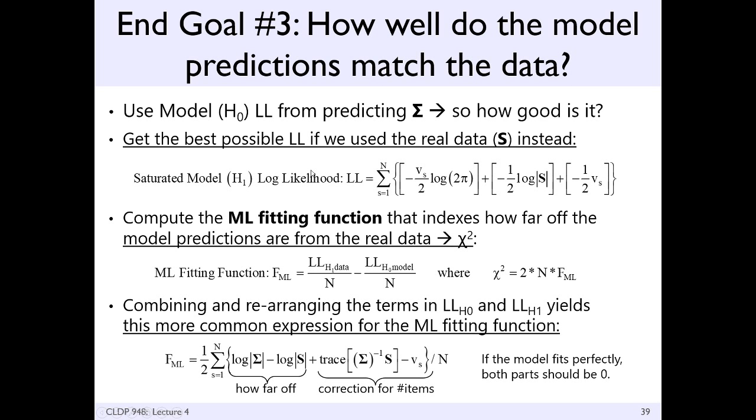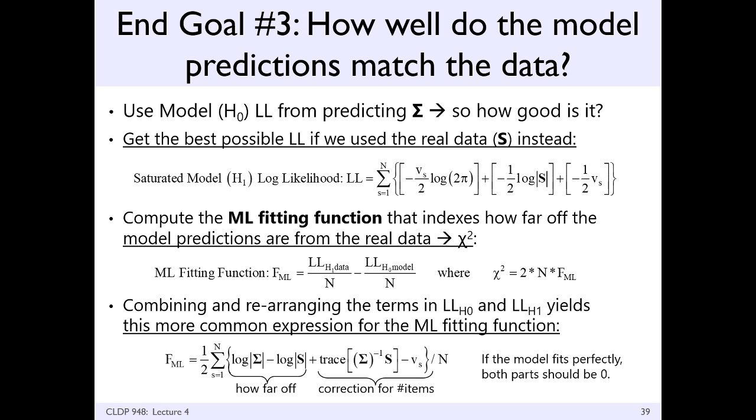So if you read textbooks on SEM, this is the kind of stuff that you're going to see. Let me break it down for you, though. So we have sigma. Sigma is predicted, right? It's what the pattern of covariance should be according to your loadings and your factor covariances, versus S, which is the right answer, the covariances that exist in the data.